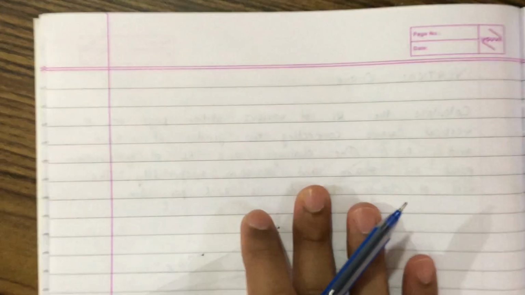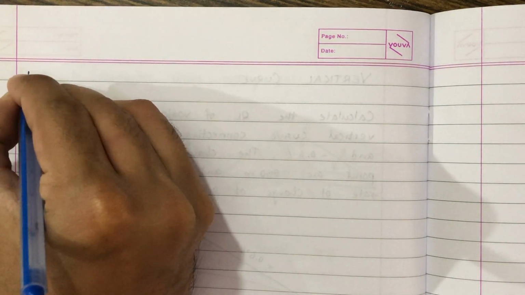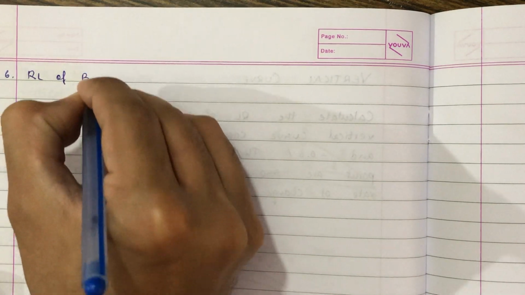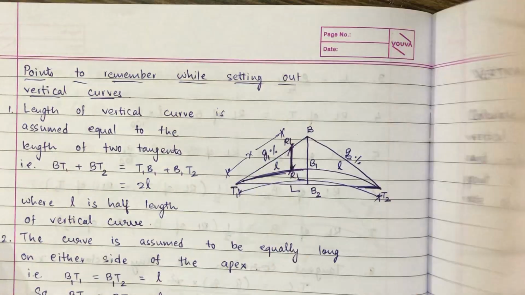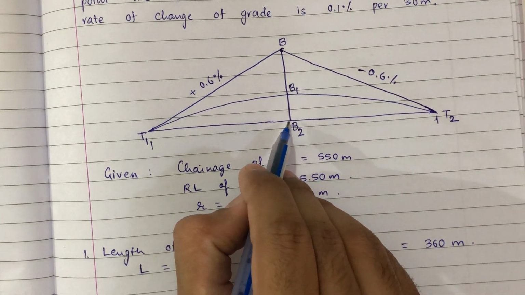So next we have to calculate RL of B2. This is the sixth point. Now RL of B2 will be what? From here we know that RL of B2 is half of RL of T1 plus RL of T2, because B2 is at the center.